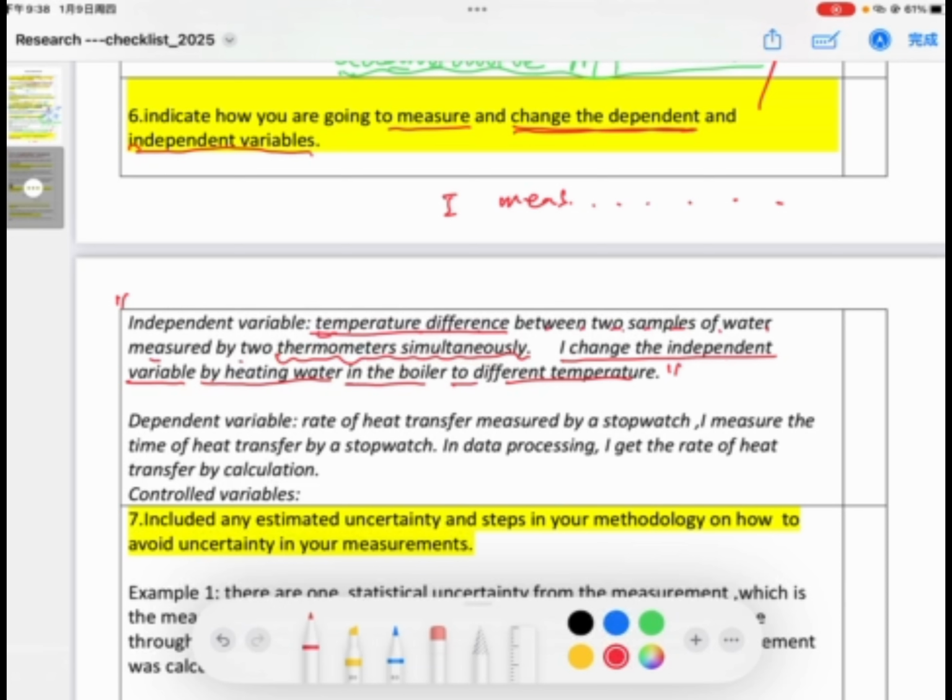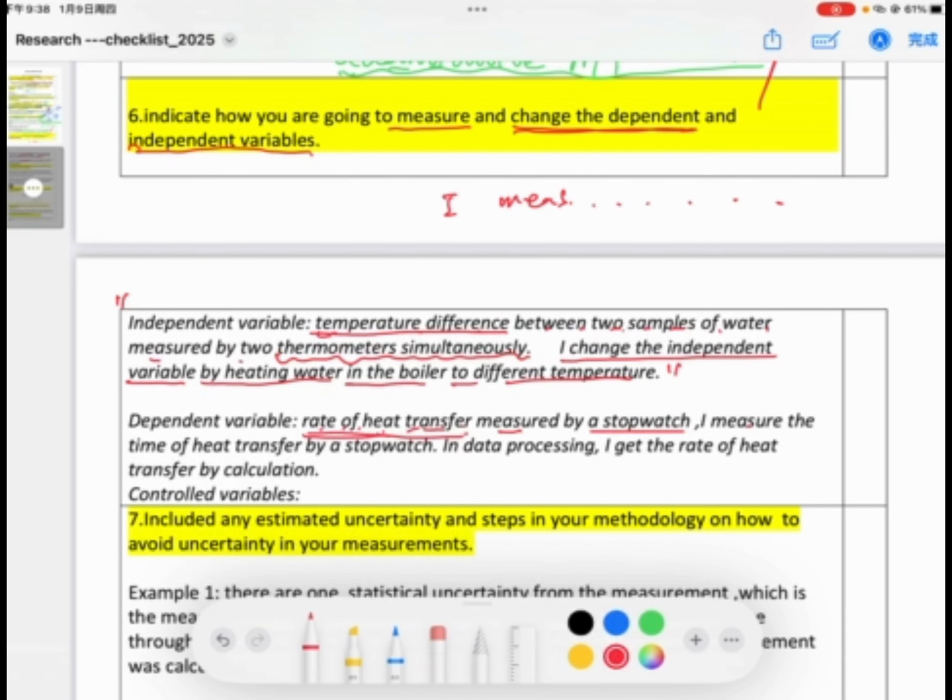Okay, rate of heat. Okay, another one. For example, the dependent variable is rate of heat transfer, right? So rate of heat transfer was measured by a stopwatch.